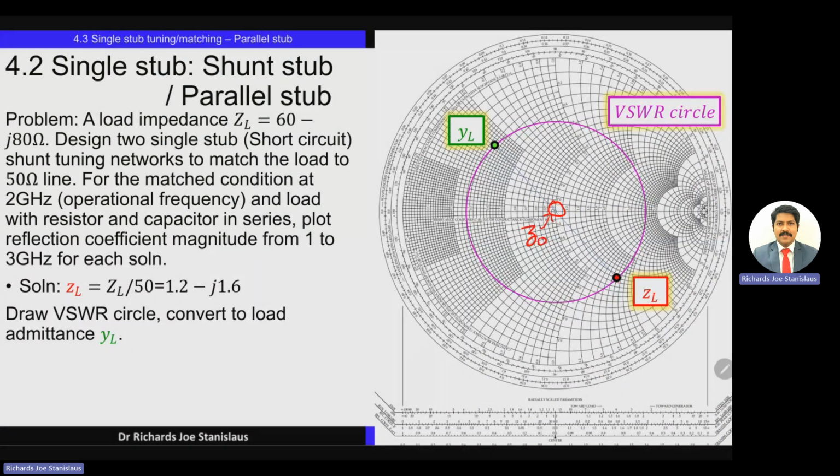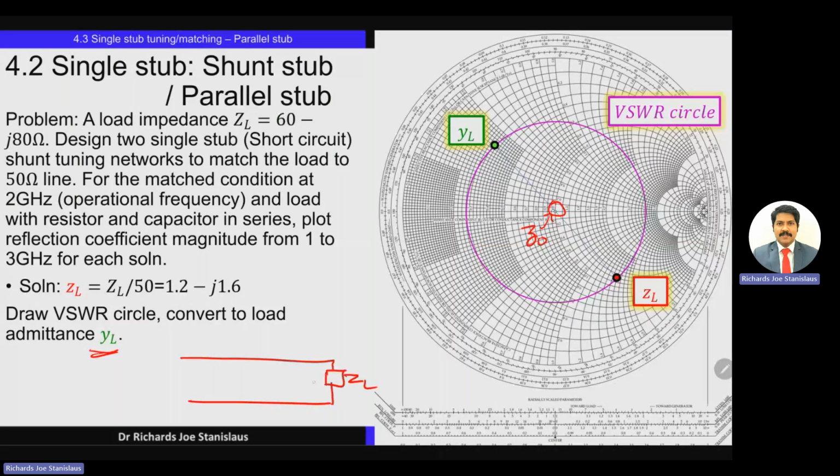At the other side, the value that we read on the Smith chart is the normalized admittance value, YL, right? We have converted the load to admittance. What is the significance? The load impedance ZL is there.